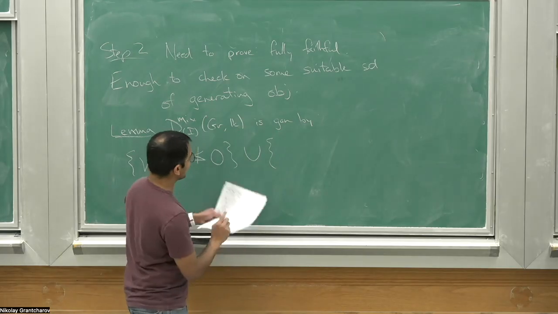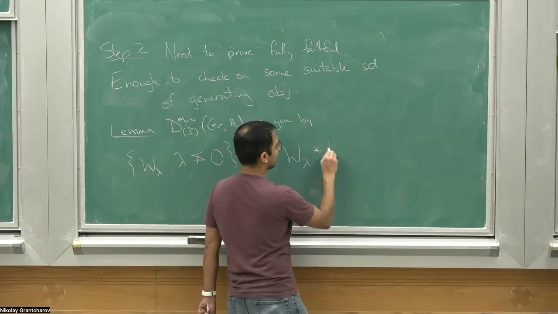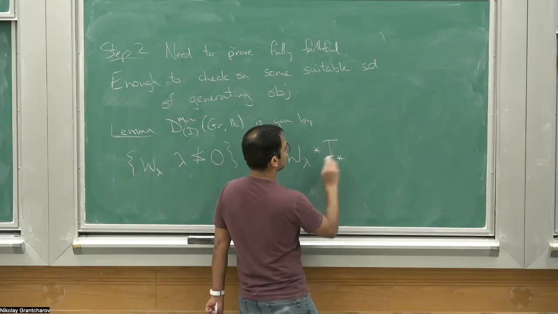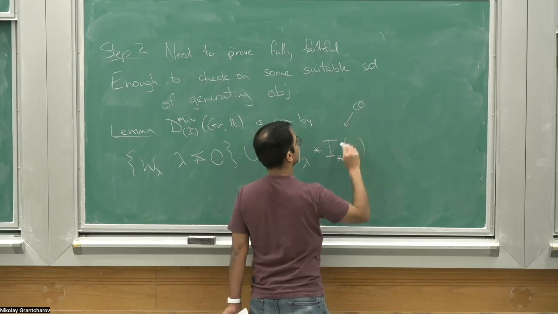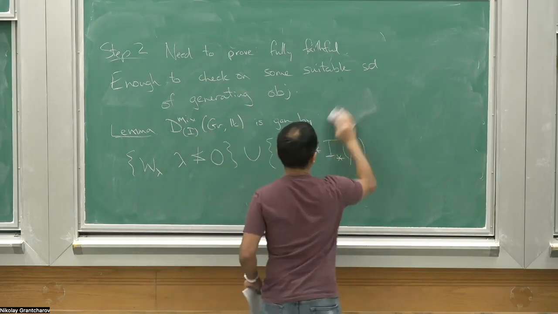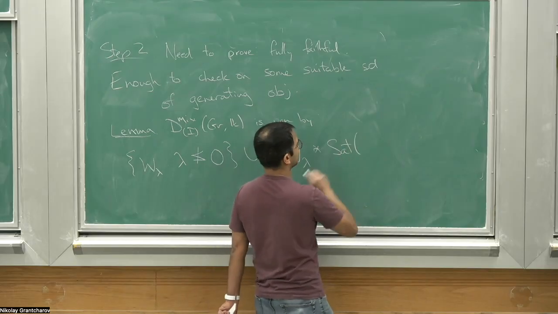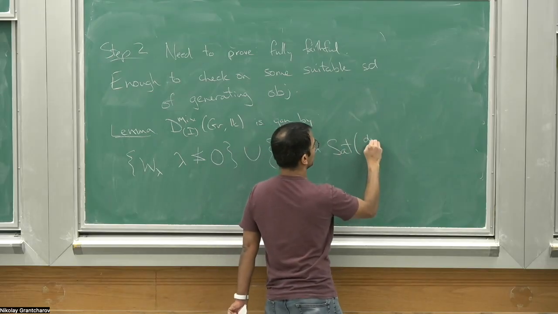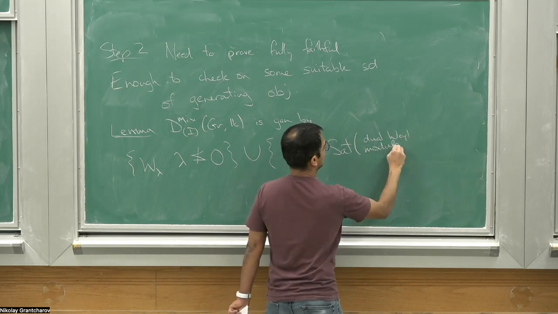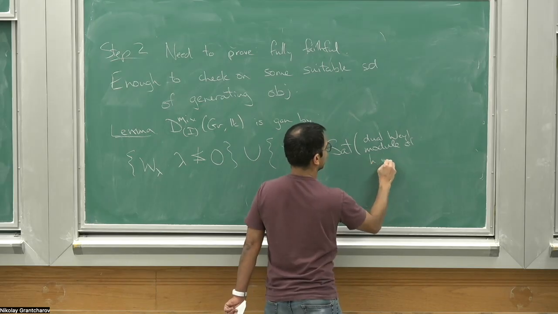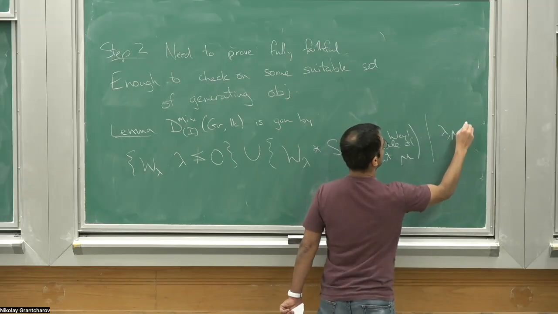But if I take the union of that with Wakimoto sheaves convolved with geometric Satake applied to a dual Weyl module of highest weight mu. So here, lambda and mu are both dominant.